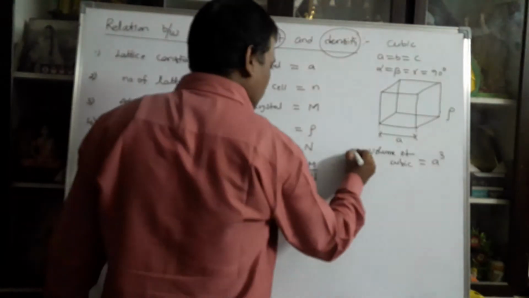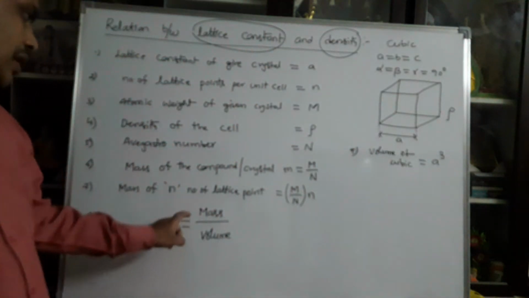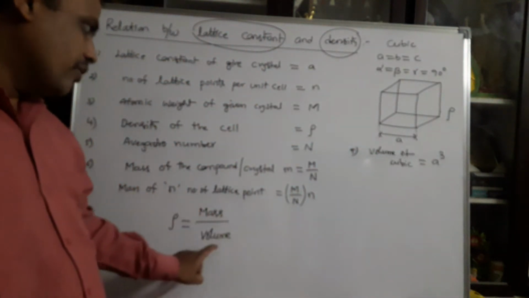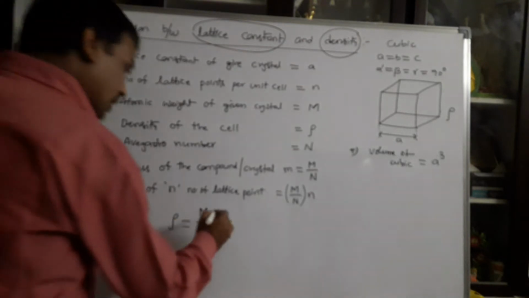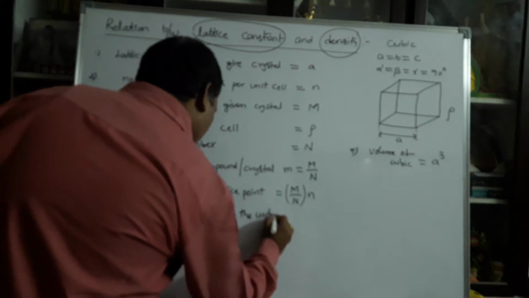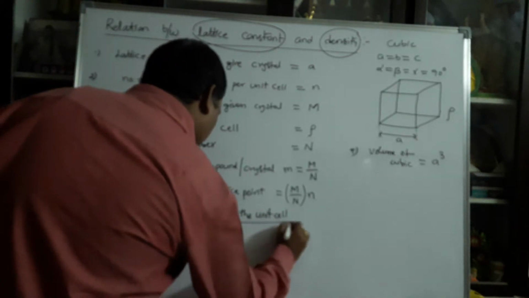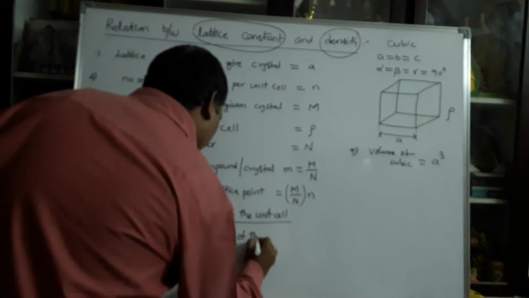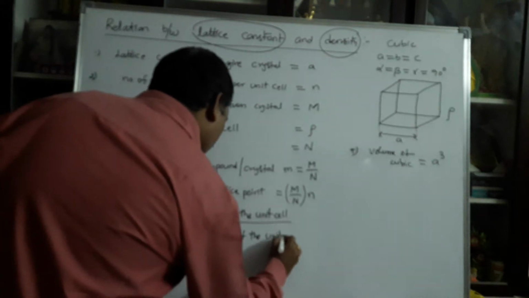That is the ninth one. The mass of the unit cell is known and the volume of the unit cell is also known. So density is the mass of the unit cell divided by the volume of the unit cell.